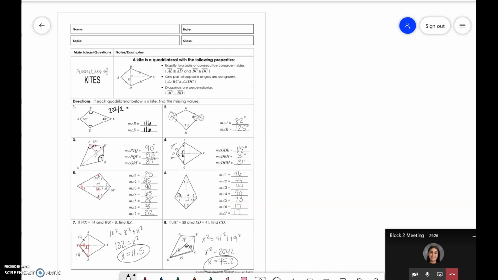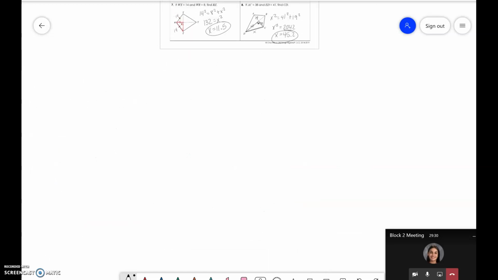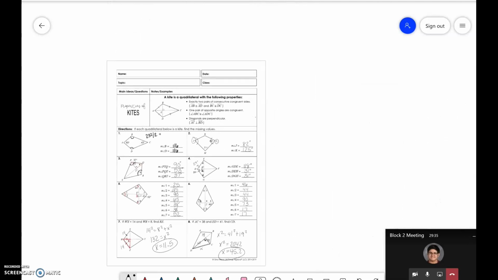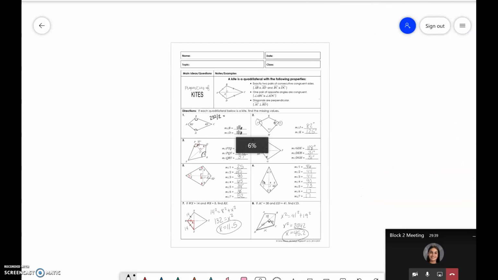Now we just gotta find the other page. No idea where it went.